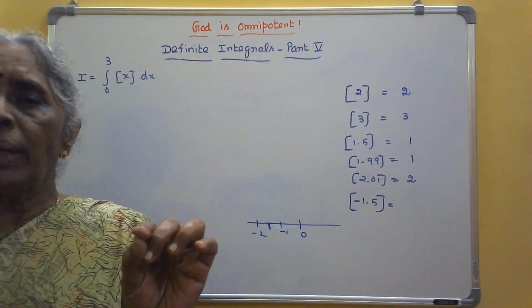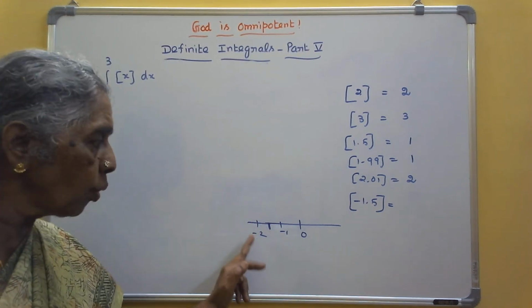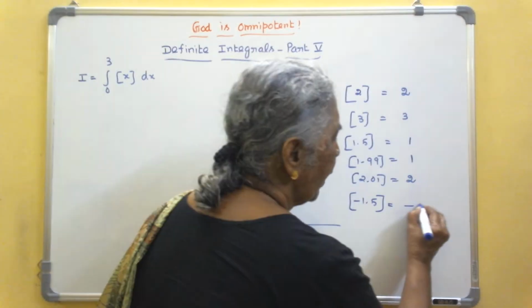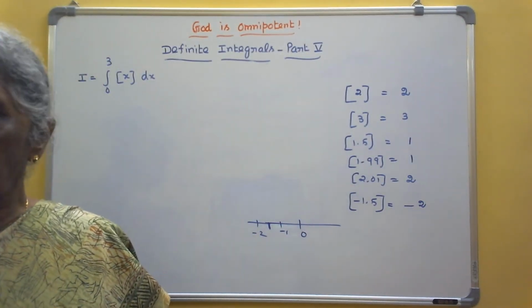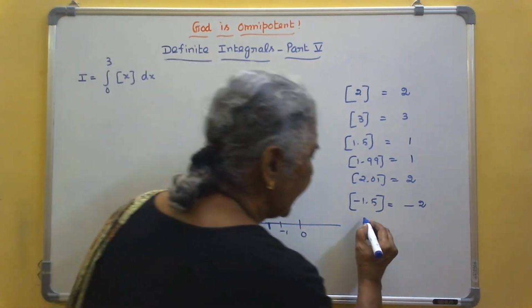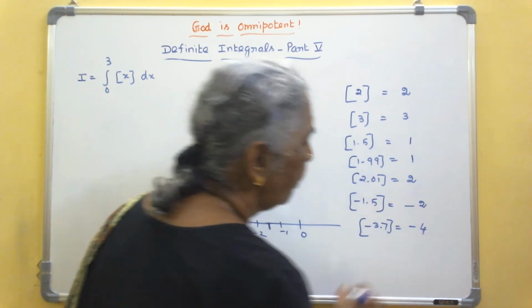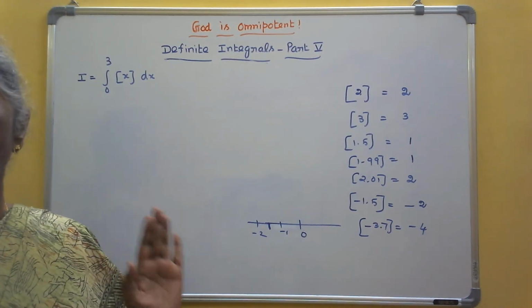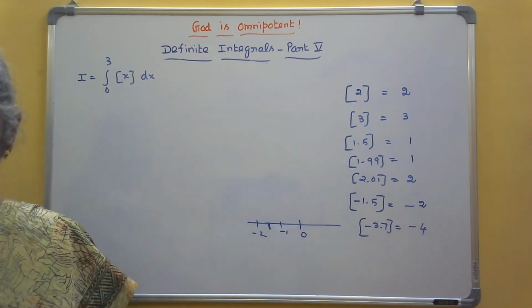So, what will be the greatest integer? You have to go to the left, so minus 2 will be the greatest integer here. Whenever you have a negative, minus 3.7 means that will be minus 4. So, remember this. This is the principle of the greatest integer.